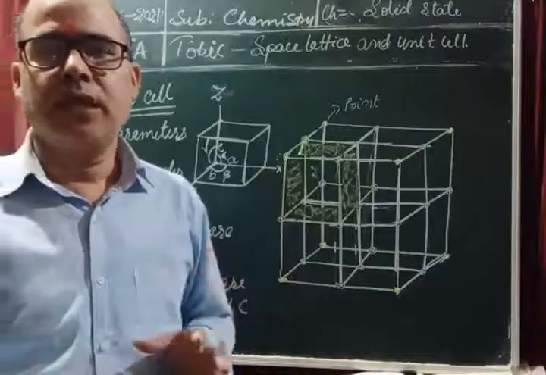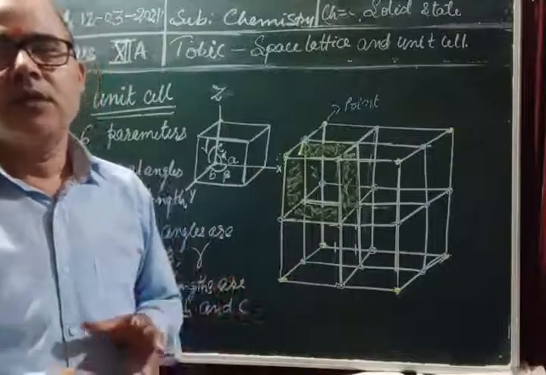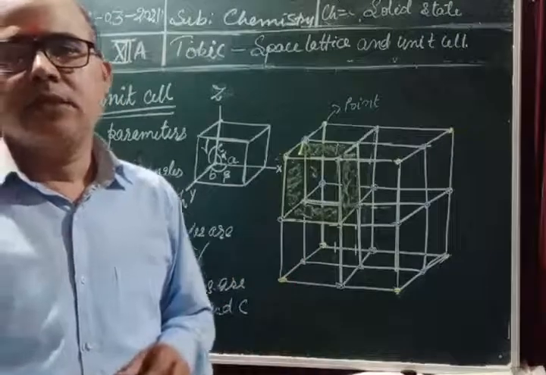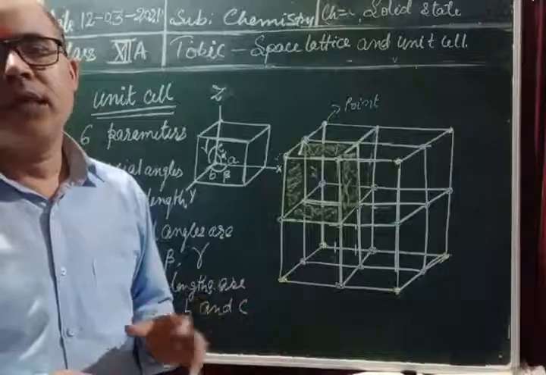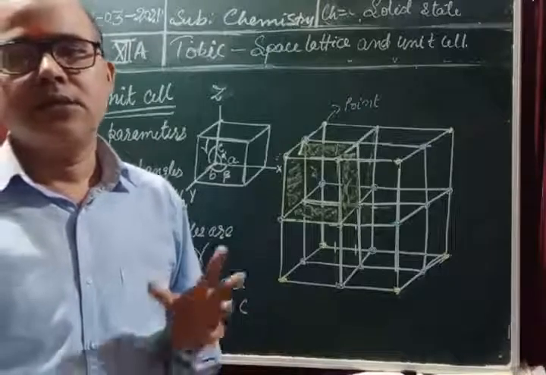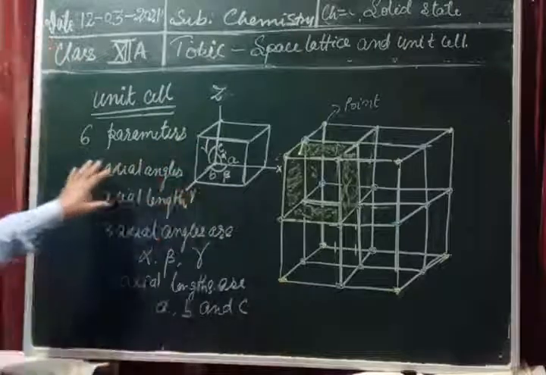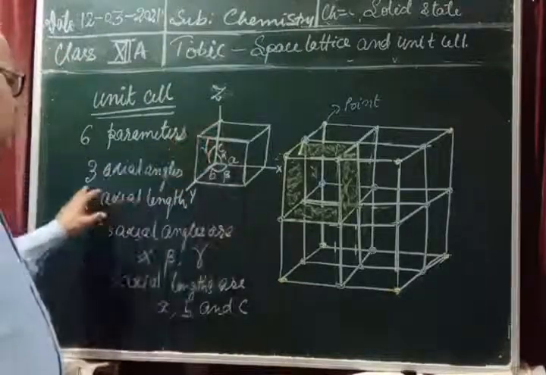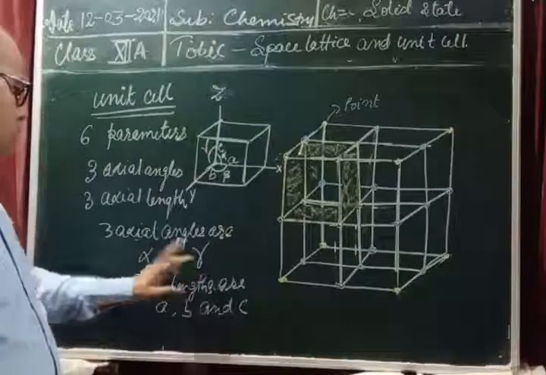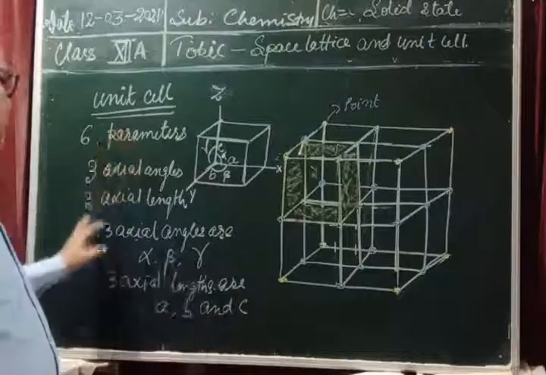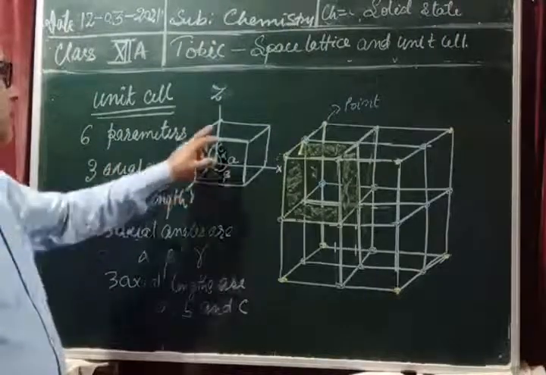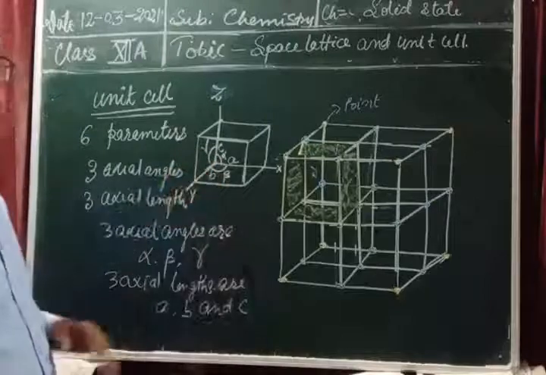It means that on the basis of parameters we can define the different types of crystal system. Thus here are the six parameters: three axial angles alpha, beta, gamma, and three axial lengths A, B, C.